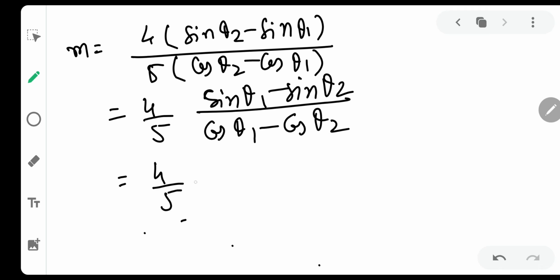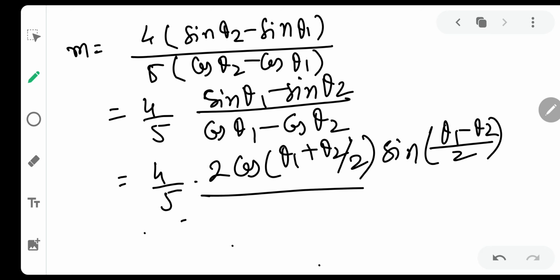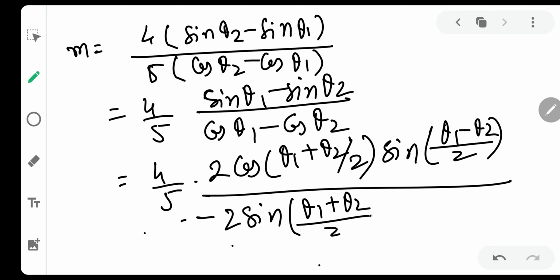Okay, let us apply the formula in the numerator. Numerator will be simply 2 cos of (theta 1 plus theta 2) by 2, and sine of (theta 1 minus theta 2) by 2, right? And the denominator will be what? Minus 2 sine of (theta 1 plus theta 2) by 2 and sine of (theta 1 minus theta 2) by 2.